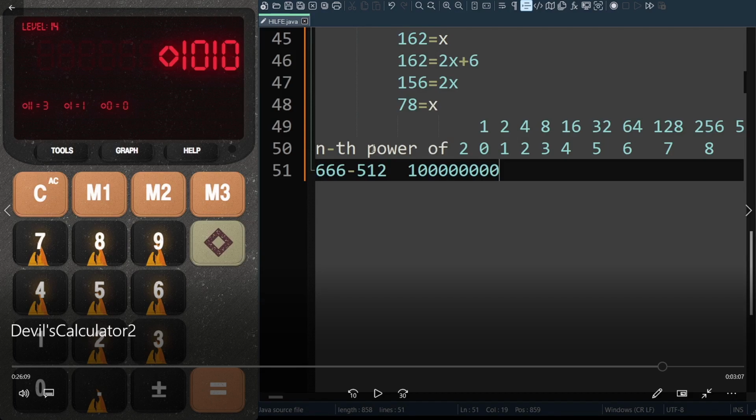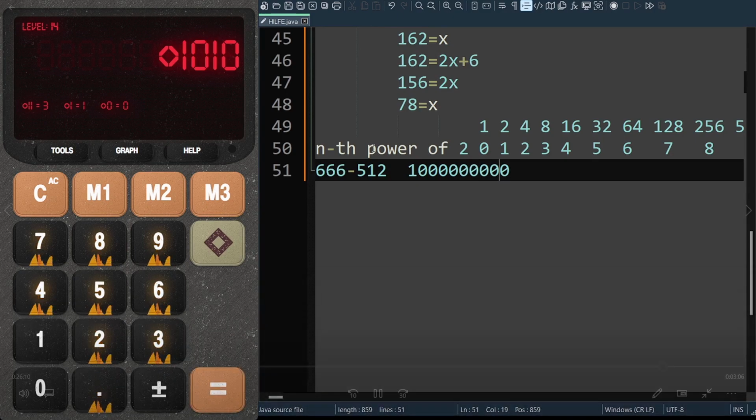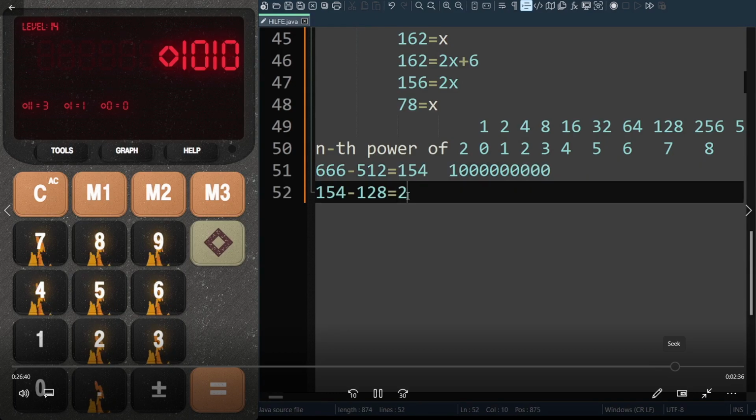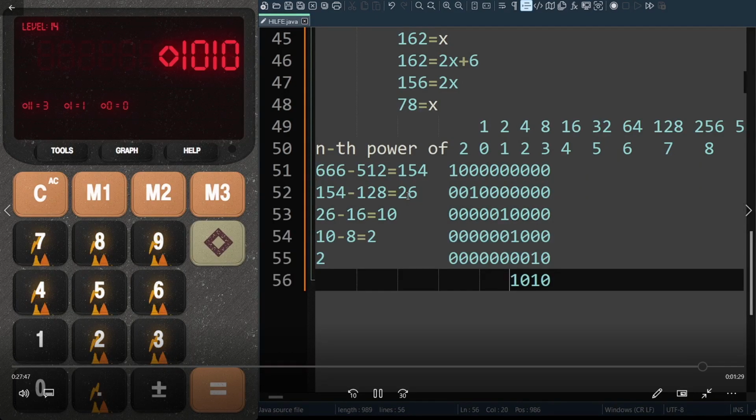Build the difference between those two numbers, and then do it again. Do it again until we have nothing left. So all we now have to do is write each of the numbers that we have in binary. Powers of 2 are pretty easy to write in binary. You write a 1 at the first number, and you write as many zeros as the power of 2.